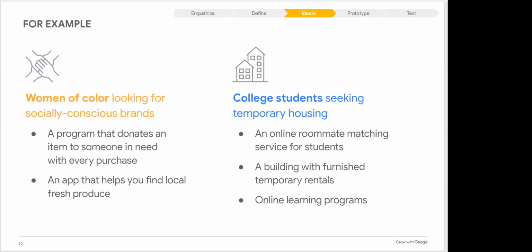Or another idea is you may consider building an app or a database so that women of color can find natural hair products. Another way of solving the problem is maybe you want to open a salon where women of color can go to and expect and be treated with all natural hair care products.